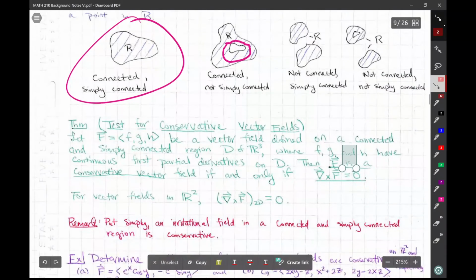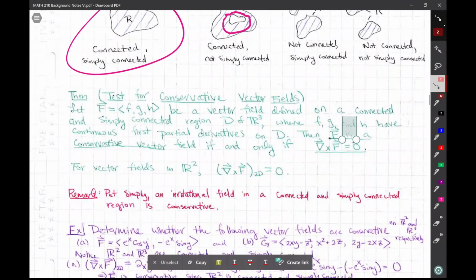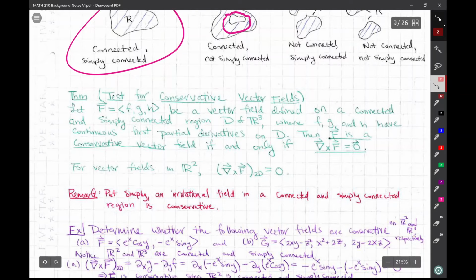So with those definitions, we could develop a test for when a vector field is conservative. On a connected and simply connected region, a vector field in R3 is conservative if and only if its curl is 0.